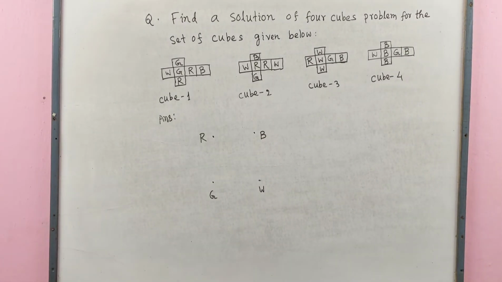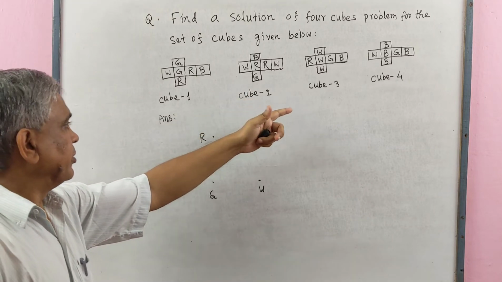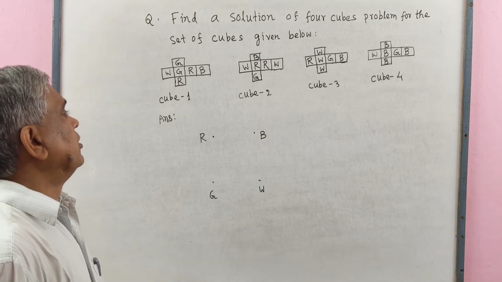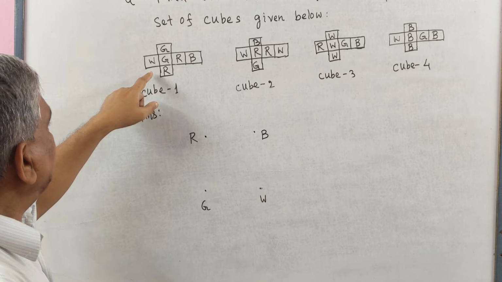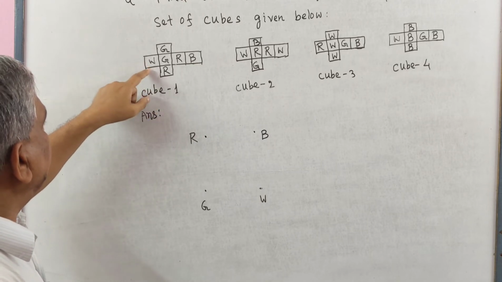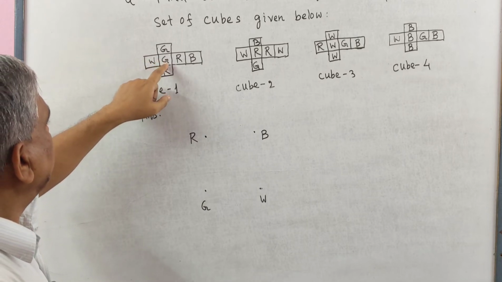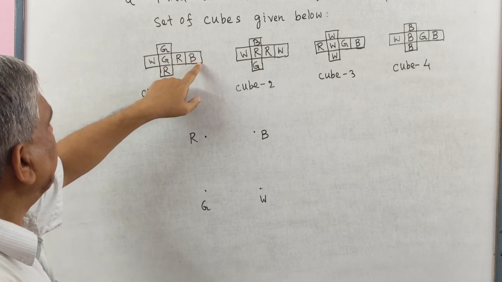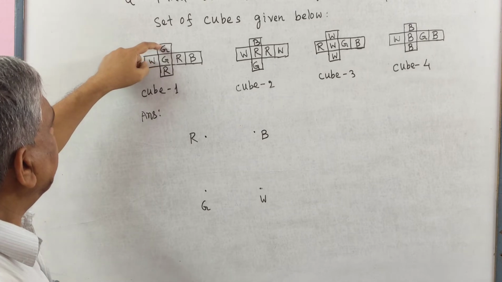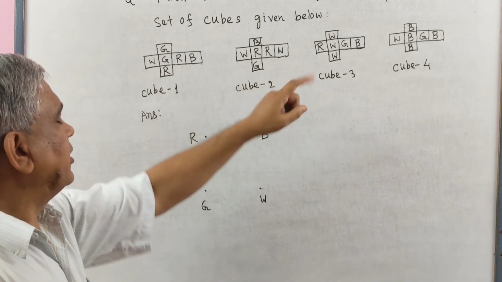Now we have a second question in which the colors of the 4 cubes are given. Here the colors of the faces of the first cube: left face is color W, front face is color G, right face is color R, back face is color B, top face is color G, and bottom face is color R. Similarly for the other cubes.